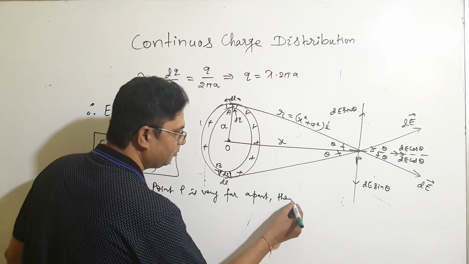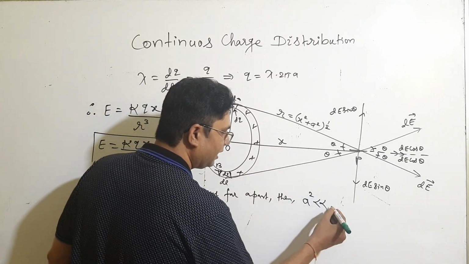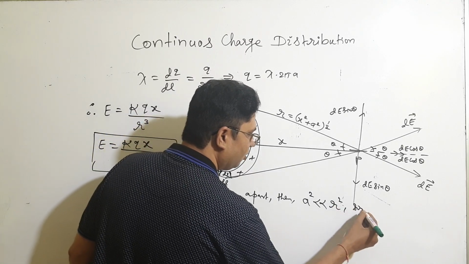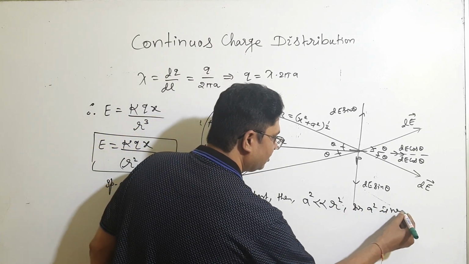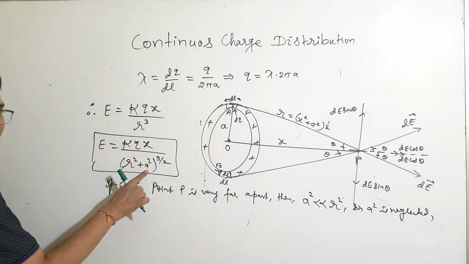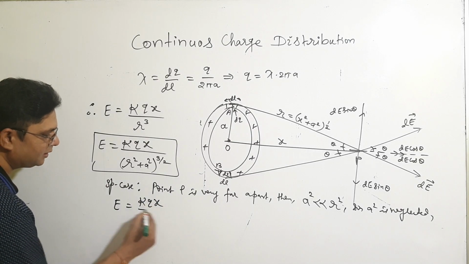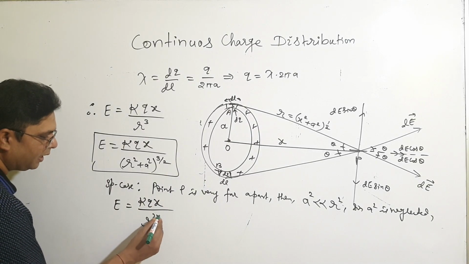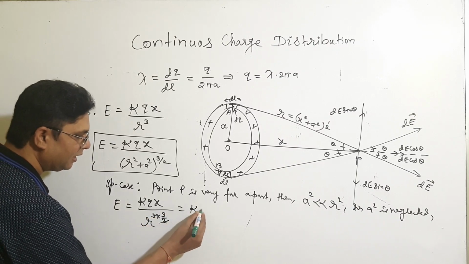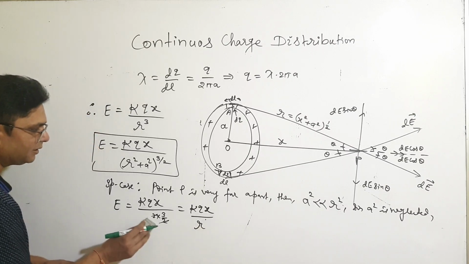Then a square is very much less than x square, so a square is neglected. So neglect this a square. What do you get? You get E equals k q x upon (x square) power 3 by 2. Cancel this, so you get k q x divided by x cube.